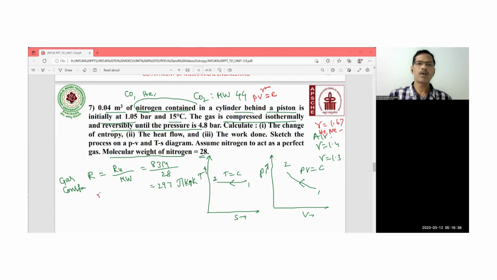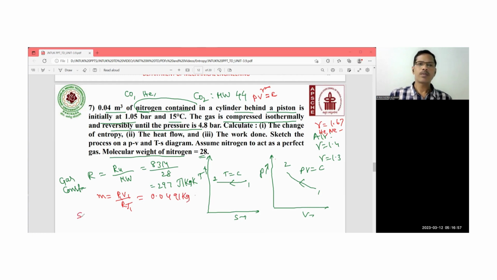Once this R is found, you can find that m is equal to PV by RT. Calculating P1 V1 by R T1, you get the value as 0.0491 kg.